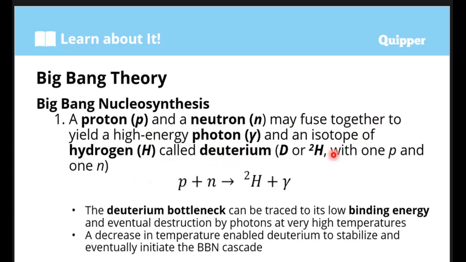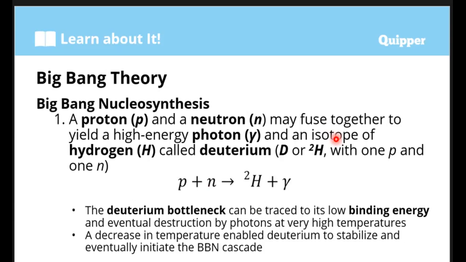By the way, when we talk about an isotope, this is a replica of an element that differs only in the number of subatomic particles in it. For example, hydrogen has an atomic number of 1.